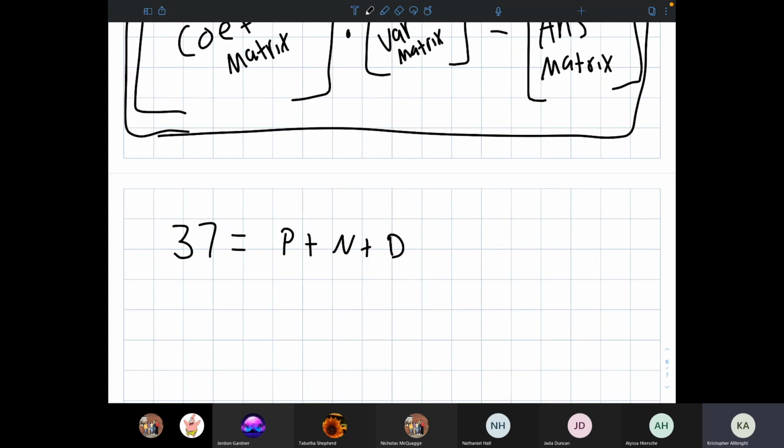Okay, so the total value of the coins is 155. So if we set this up as our second one, then pennies times 1 plus nickels times 5 plus dimes times 10, just because that's how much they're worth. And we're talking about worth now. So maybe that is our second equation.